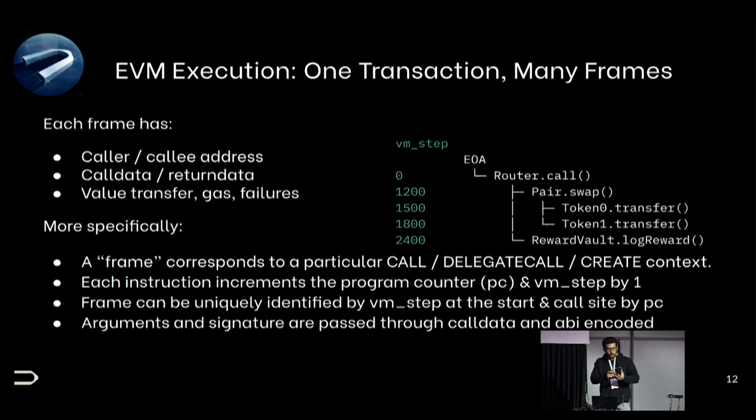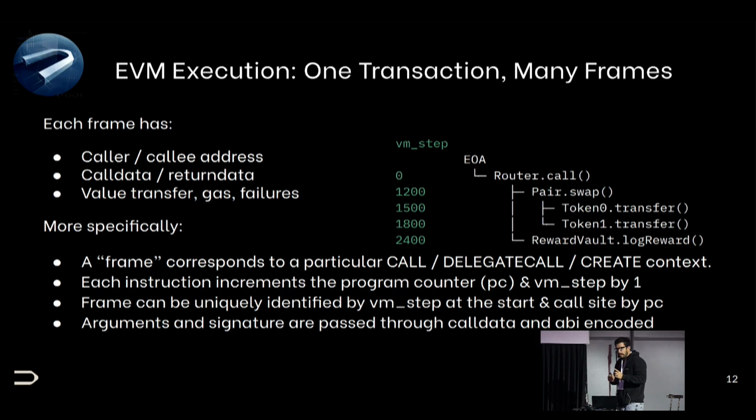We can also represent these VM steps in a tree, and there is a way to join your frame with your parent frame and things like that. Another interesting thing is the program counter, which is incremented and changes whenever there's a jump.